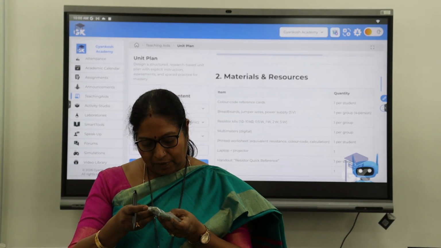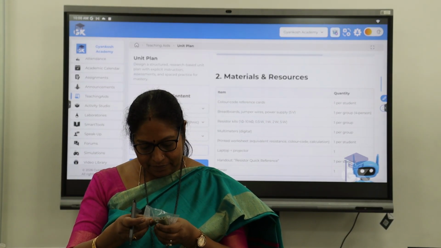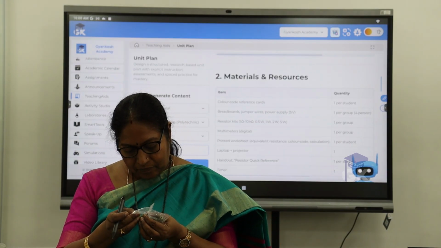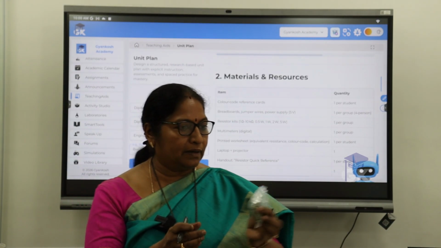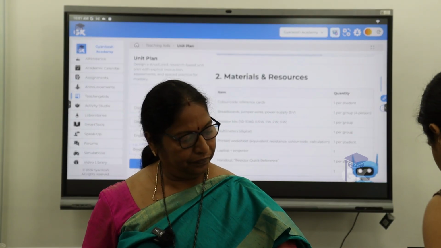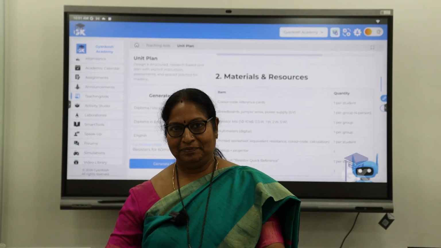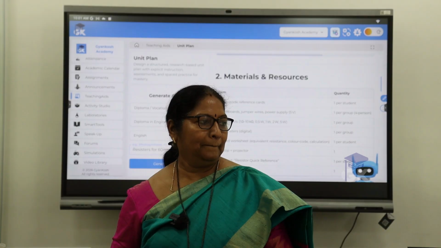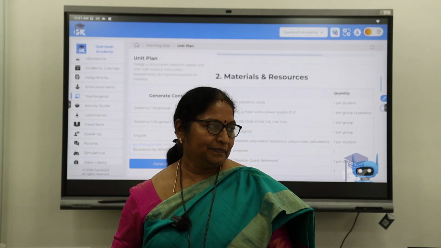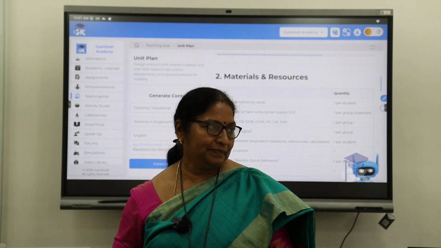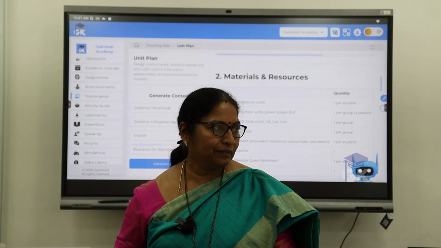Can anybody read that value? 4 watts is below. So on top it has been written. Just read it out. What is the value? It is written. Top of that? It is something like KVU. It is looking like KVU.